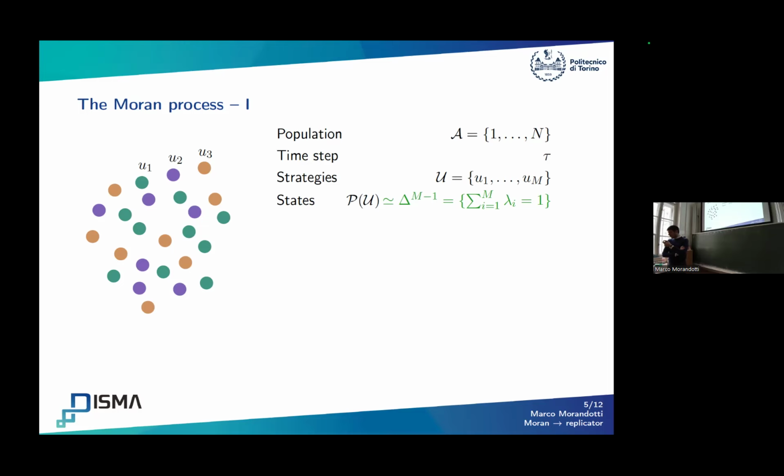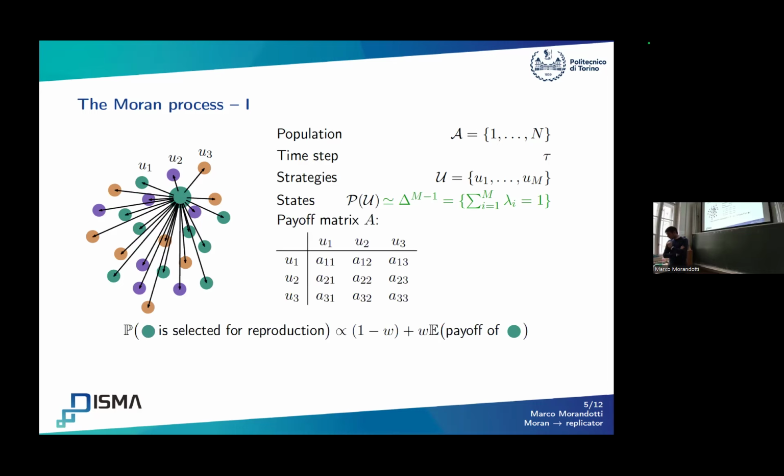So there are basically convex combinations of the UIs. And I can identify the space of probability measures over the strategies with the n minus 1 dimensional simplex, because they need to be all positive. It's not written there in the green, but they need to be all, say, non-negative and add up to 1.